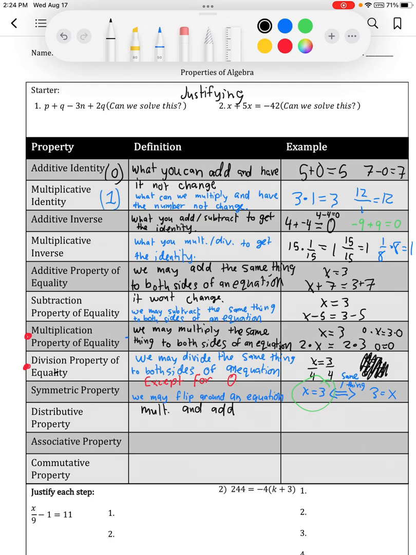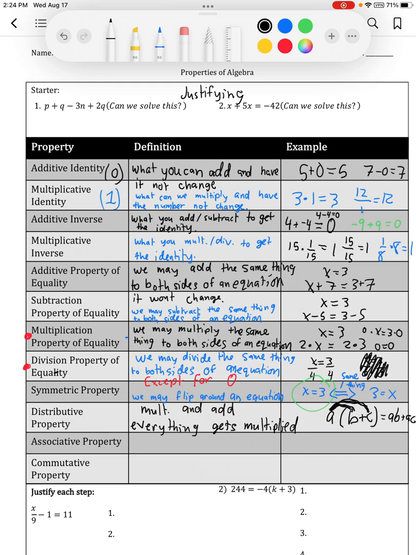And that definition is everything gets multiplied. So for example, if we have A times B plus C, that becomes AB plus AC. The A has to multiply to the B, and it has to multiply to the C as well.